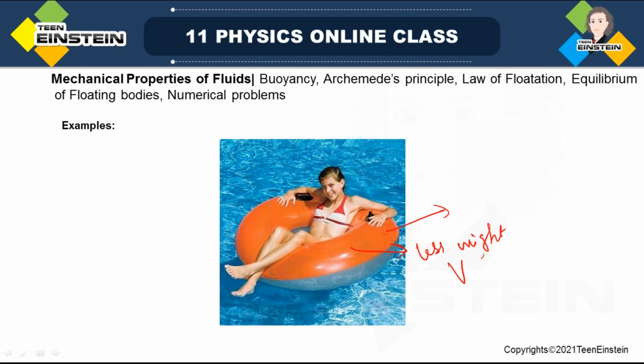But when we use this kind of object, which has very little weight but a huge volume, then it can displace water greater than the human body itself. Okay, so it will displace water which has a much greater weight than the human body. So that's how a human being or any person can float with the help of this tube.